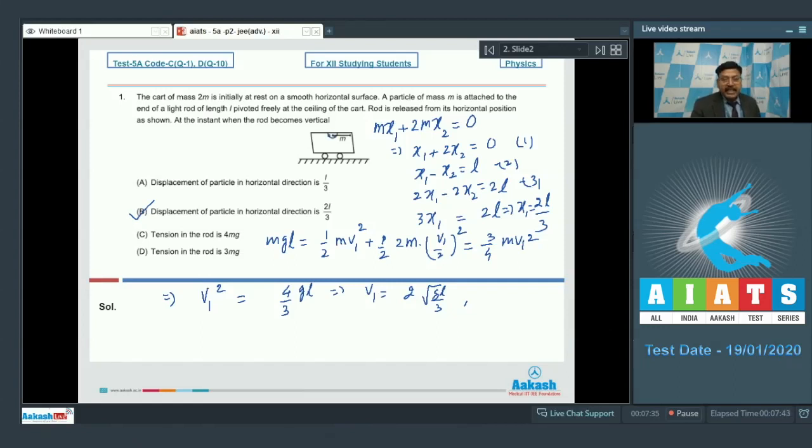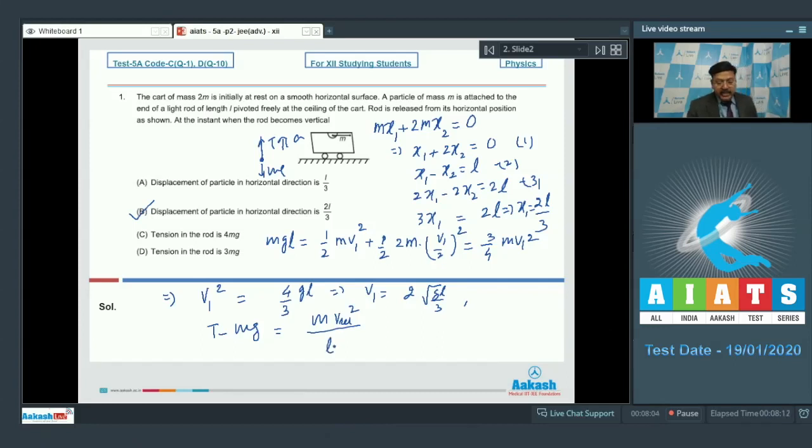If we look at the free body diagram of the particle at that instant, say this is the particle, this is mg, and this is T, and it has some acceleration upward, and that acceleration is m, v relative squared, by L. So T minus mg equals that.